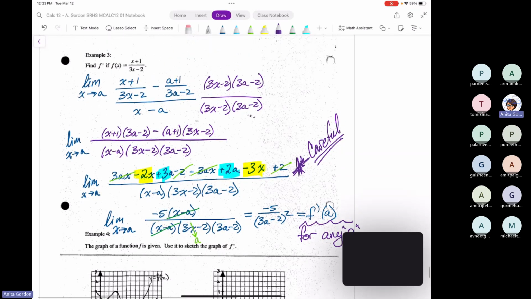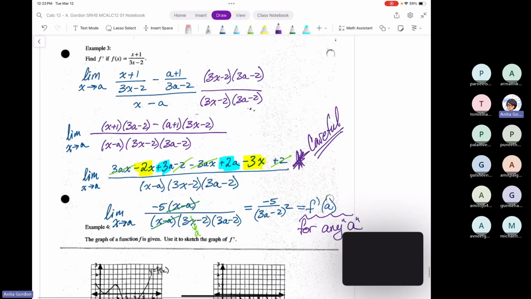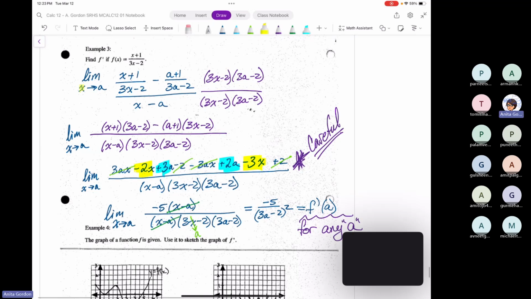No. Yeah, I mean, yes, sorry. f prime is a general derivative. I used a to differentiate between my secondary points, like the point Q, and my original point, the point P. But I did not use any values. So I'm using a as a placeholder for the point of interest.